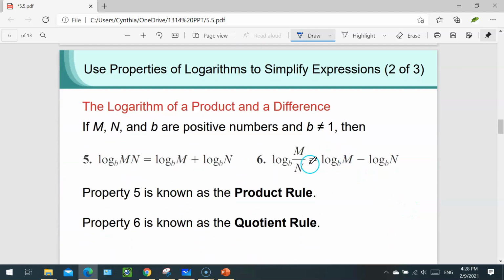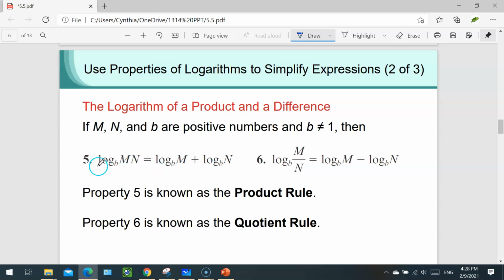Alright, so now we move on to the logarithm properties of the product rule and the quotient rule. If m, n, and b are all positive numbers and b is not equal to 1, then log base b of m multiplied by n, we can expand into log base b of m plus log base b of n.